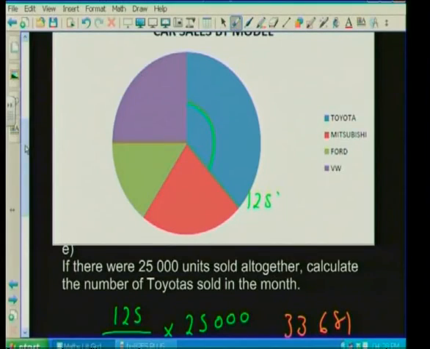So my section for my Toyota is going to increase. My section for VW is going to decrease a bit. For Ford is going to decrease. For Mitsubishi is going to decrease a little bit. All right? So we're just interpreting that data as we've posed different possibilities.